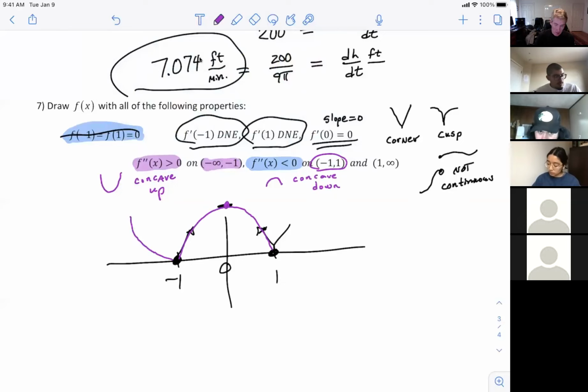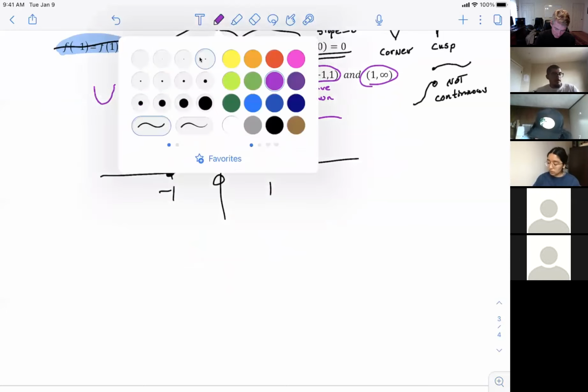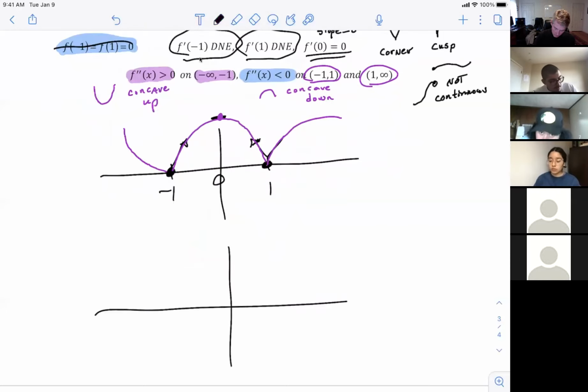And then right there at the top, the derivative would equal 0. And then also on the right side of 1, it's also supposed to be concave down. So then I could just continue it like that to look concave down. So then I would just redraw it so that it looks a little bit better.